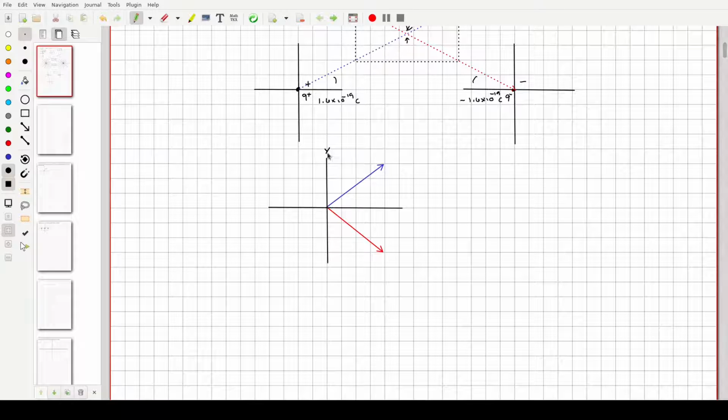Also, because of the symmetry we've chosen, this is the center line between these two charges. What you'll see is that the up part of the positive electric field and the down part of the negative electric field have the same length, the same magnitudes. Because they have the same angles, they're going to cancel each other out, just like forces.